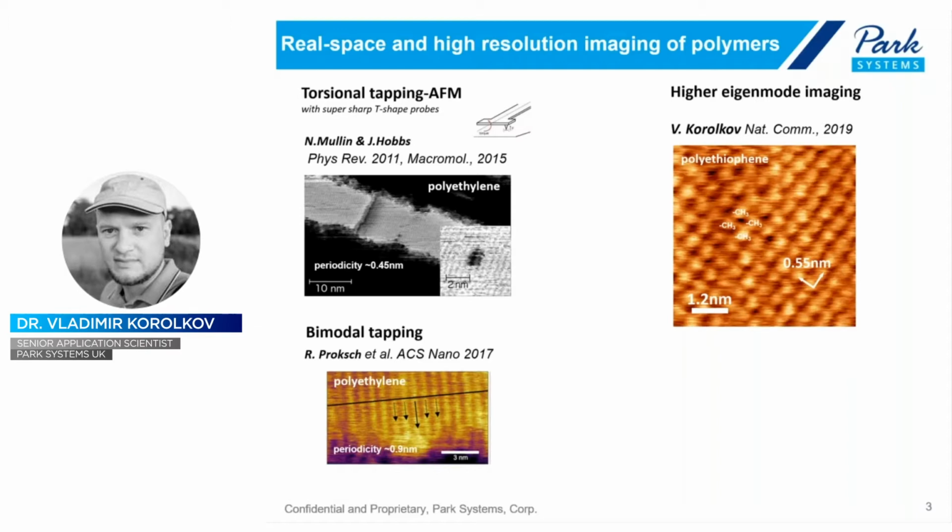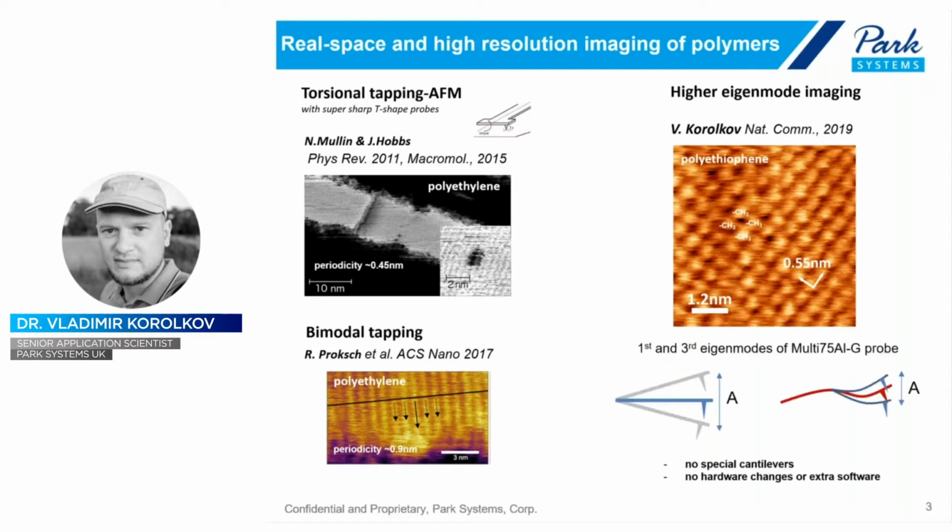in this presentation. Basically, you're all familiar with the tapping mode, where you quite often use the fundamental or the first eigenmode of a cantilever. It's usually that eigenmode or frequency that is written on the box of your tips. For instance, if you take a standard silicon cantilever like the one we use in this presentation, the GIS Multi75 LG probe, it has a fundamental eigenmode of around 75 kilohertz.